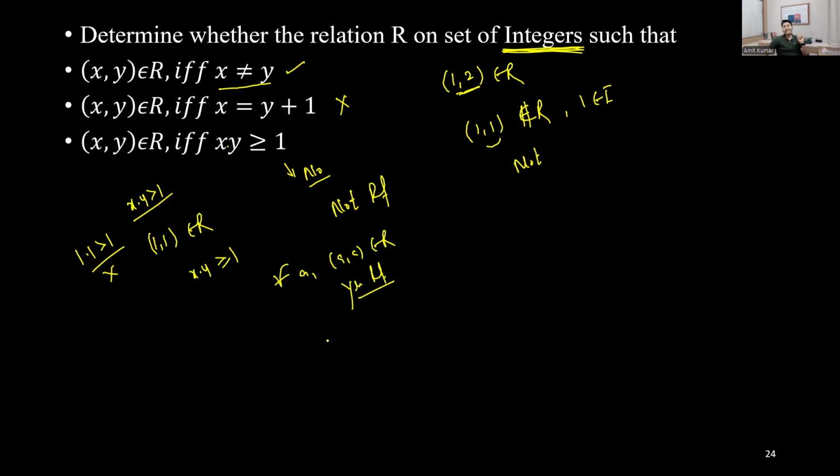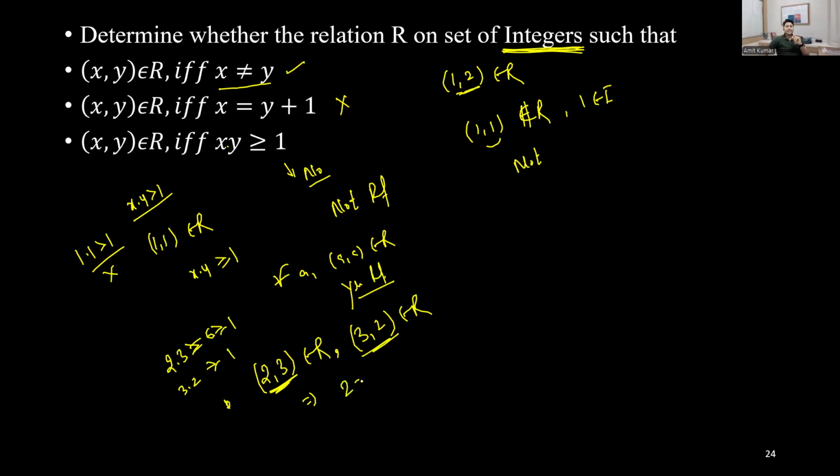Now let us talk about anti-symmetric. So (2, 3) belongs to R, yes. (3, 2) belongs to R, yes. Because you can see their product is greater than or equal to 1. 2·3 is 6, which is greater than or equal to 1. 3·2 is greater than or equal to 1. So yes, they satisfy the condition. So what is the anti-symmetric relation saying? Whenever (a, b) in R and (b, a) in R, then a must equal b. (2, 3) in R, (3, 2) in R, that means we must say 2 equals 3. Can I say 2 equals 3? No, they are two different integers.